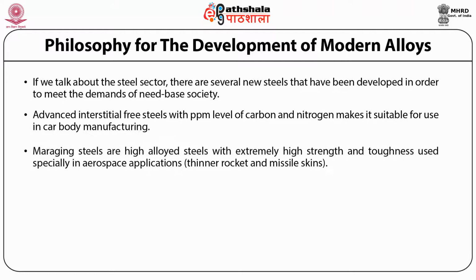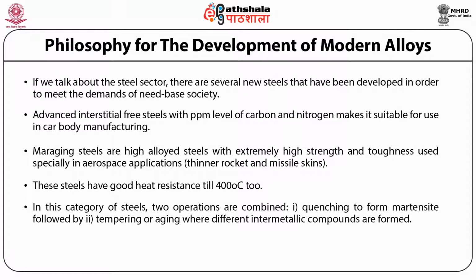Maraging steels are high alloyed steels with extremely high strength and toughness used specially in aerospace applications, thinner rocket and missile skins. These steels have good heat resistance till 400 degrees Celsius too.